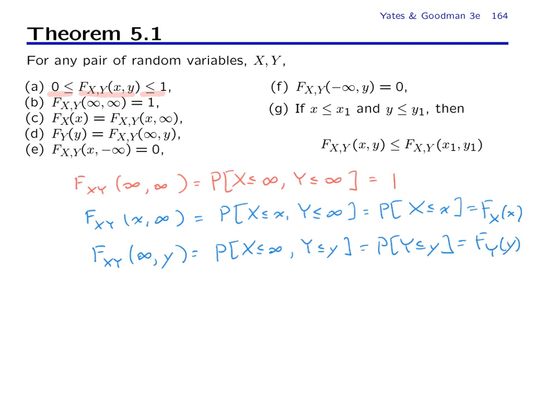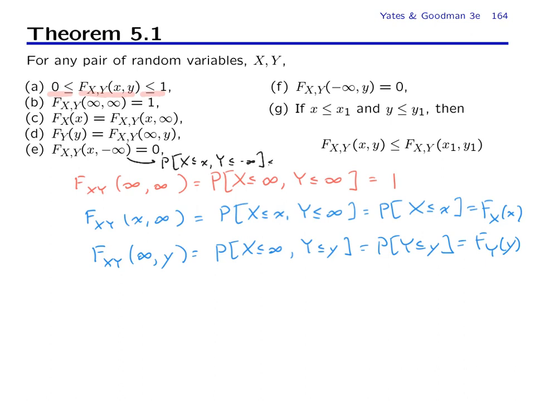Properties E and F tell you what happens to the joint CDF when either little x or little y goes to minus infinity. So for instance, looking at property E, this is the probability x is less than or equal to little x, and y is less than or equal to minus infinity.